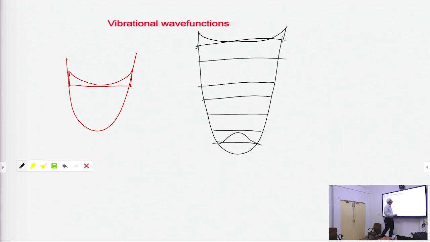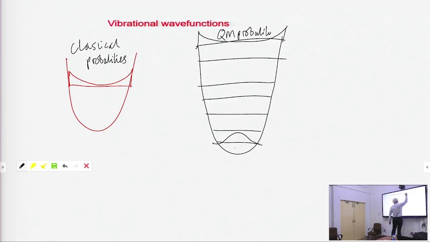So I'm going to do a third thing here. These are probabilities. And I'll draw one more in here. That's the first excited state probability. But now let's do wave functions, because we're going to need wave functions.